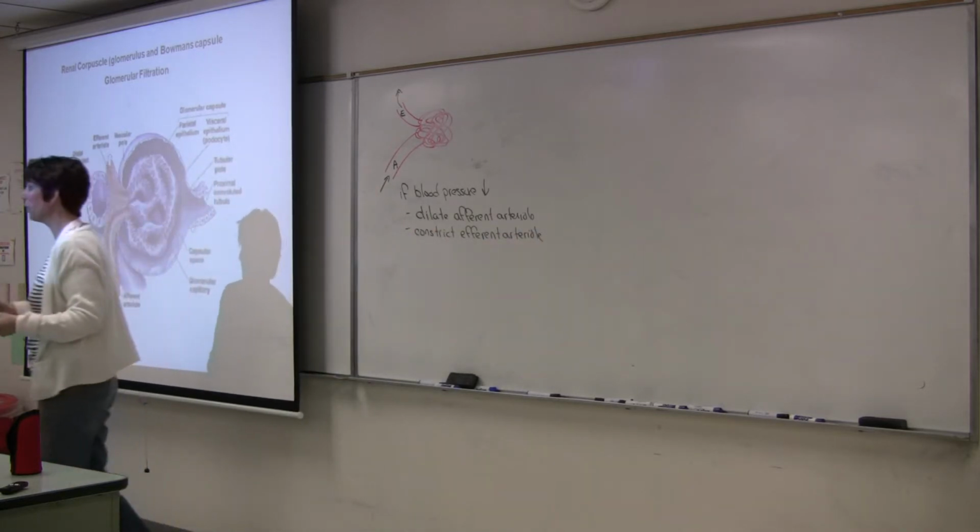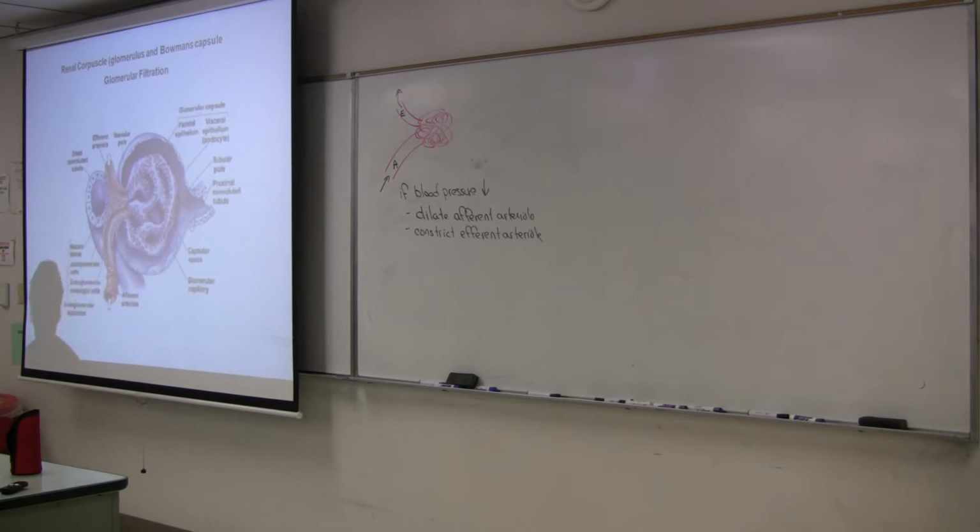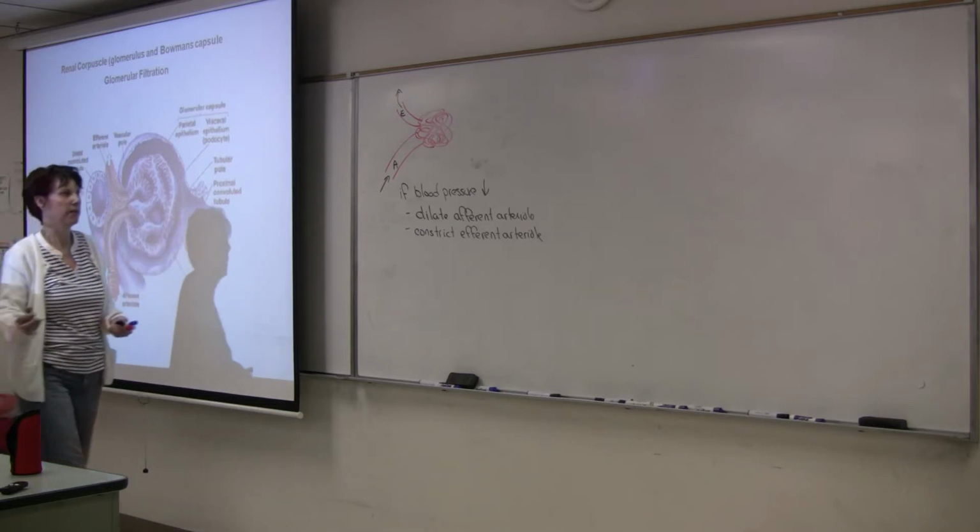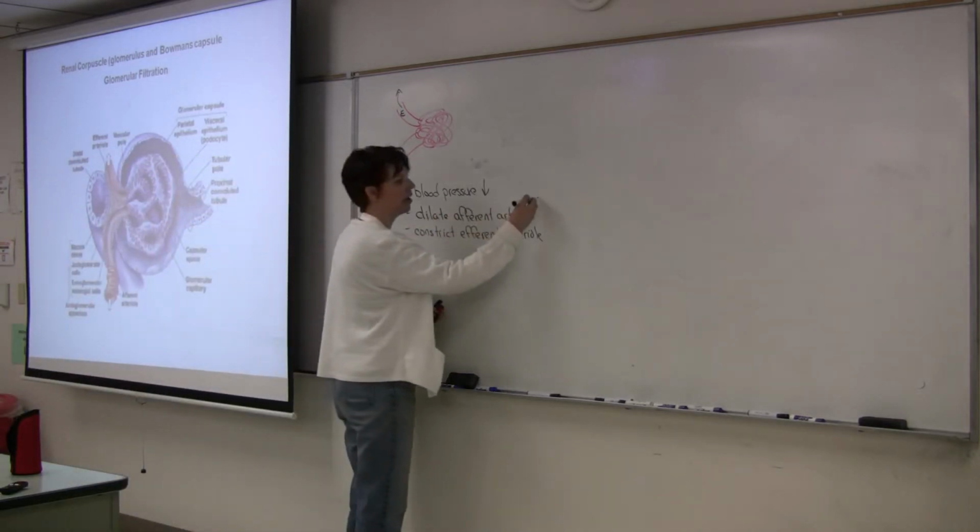That's a very local and quick mechanism by which the kidneys can respond, and that's called autoregulation. It doesn't require systemic changes. What else can we do? Obviously, we can constrict systemic vessels. So this is a local autoregulation.